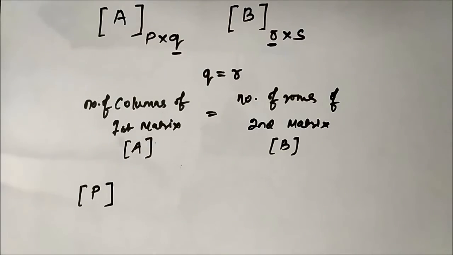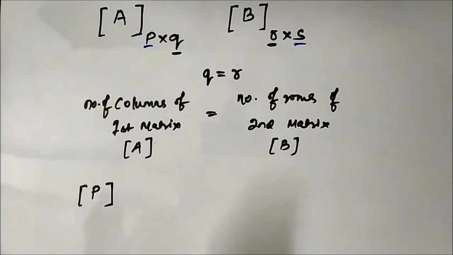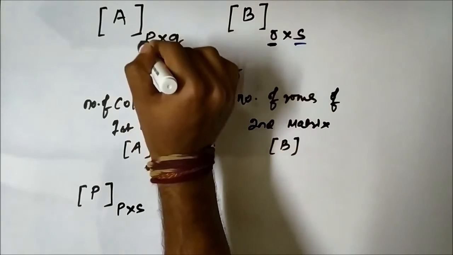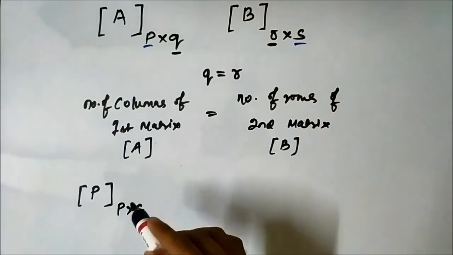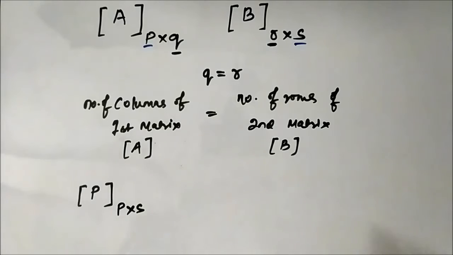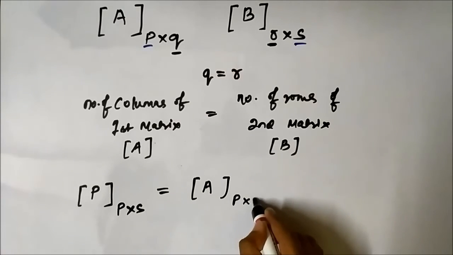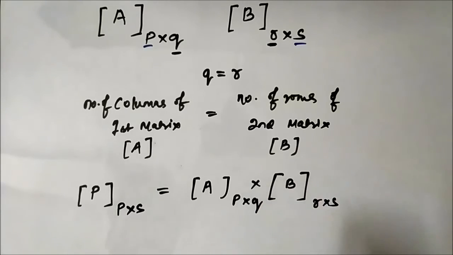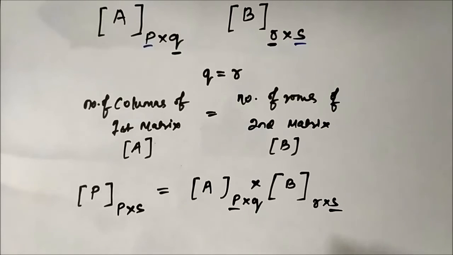The dimension or the order of that matrix will be P cross S. That is, it will have the same number of rows as the first matrix A and the same number of columns as the second matrix B. This is the dimension, and for this Q and R should be equal to each other.